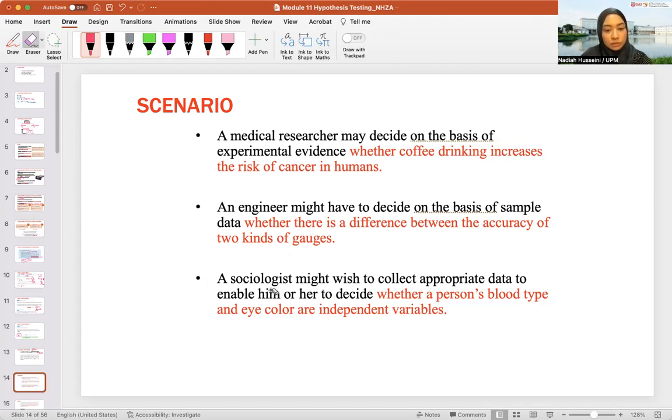And then a sociologist might wish to collect appropriate data to decide whether a person's blood type and eye color are independent variables. So they want to know if blood type and eye color are independent or dependent of each other. That's a weird study, but it's a question, right? Which can be answered.